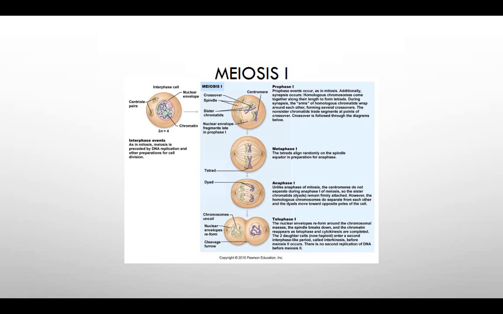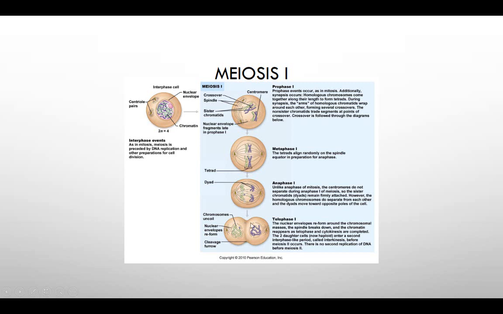So we get these homologous pairs combining to form a tetrad, and a tetrad is those two chromosomes that are kind of linked together, and then we get this crossover, which is a swapping of genetic material. Now with metaphase 1, they align in the center as you see here. In anaphase, they split apart, but notice, unlike mitosis here, the whole chromosome is moving over versus just half of it.